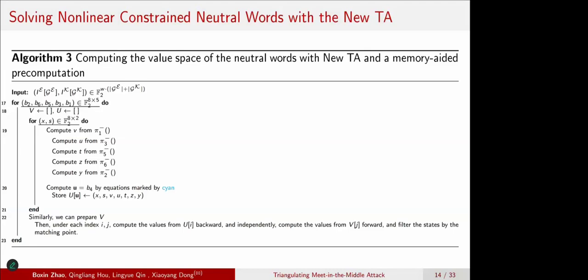Third, store the mapping between b4 and the natural word set in hash table U, and similarly prepare table V. Finally, by matching the intermediate results of U and V at the matching point, we can efficiently filter valid natural words.